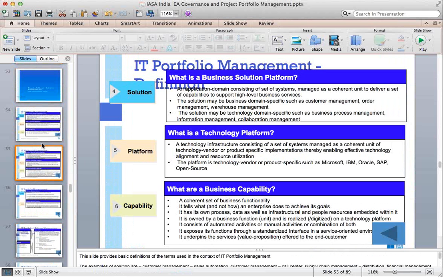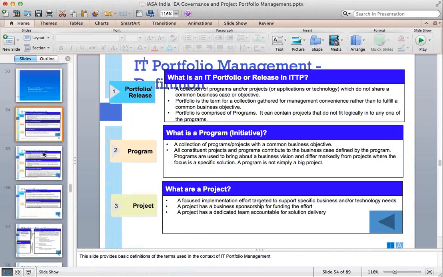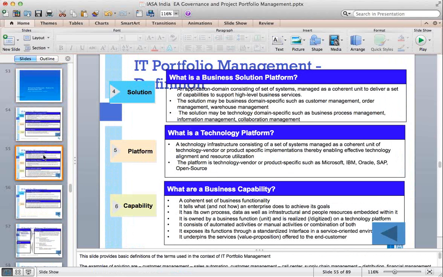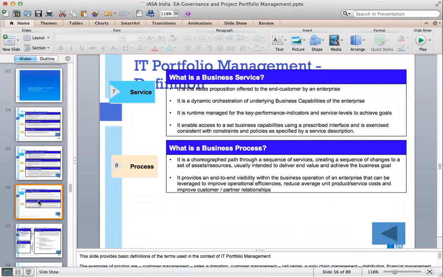So these are some of the definitions that help you in terms of portfolio, program, projects, solution, platform, and capability. Not least the service and processes, which are quite important, but we forget them in the run-of-the-mill of the top five we discussed so far. We forget what's our business service, what's a business process.